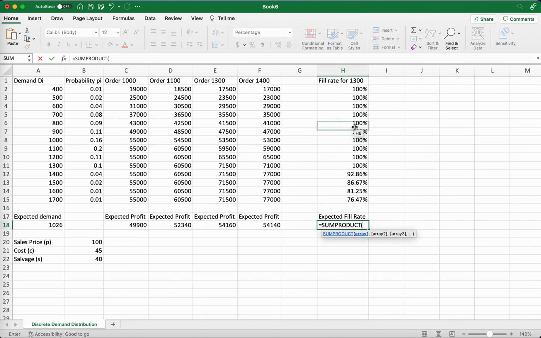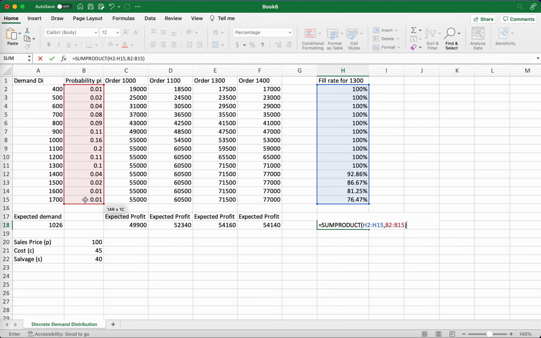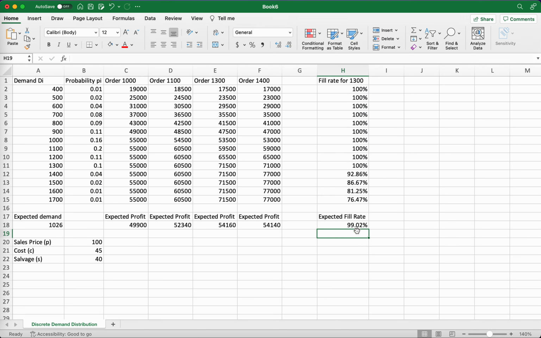So it's the sum product of the fill rates for the individual scenarios times the corresponding probability values, and there you go: 99.02. I don't feel like decimal places today, so let's get rid of them. So the fill rate is 99%.